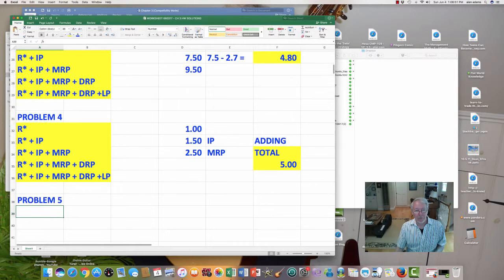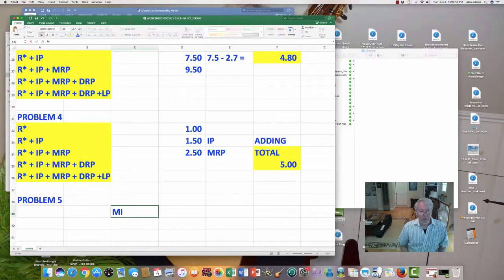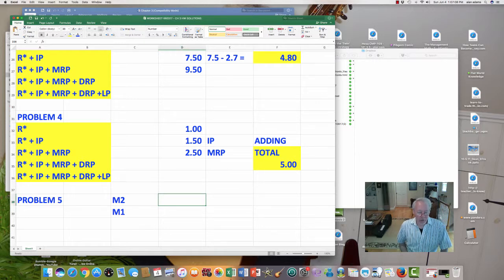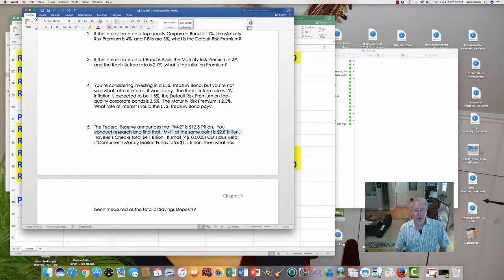First of all, let's identify M1 and M2. And I want to do this in trillions of dollars. You can do it in billions if you wish, but let's keep our numbers smaller. I told you that M2 is 12.5 trillion.